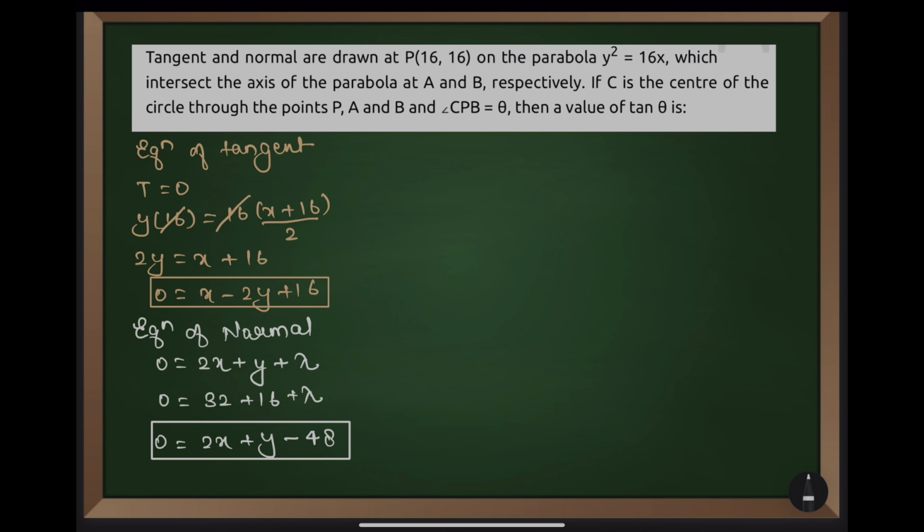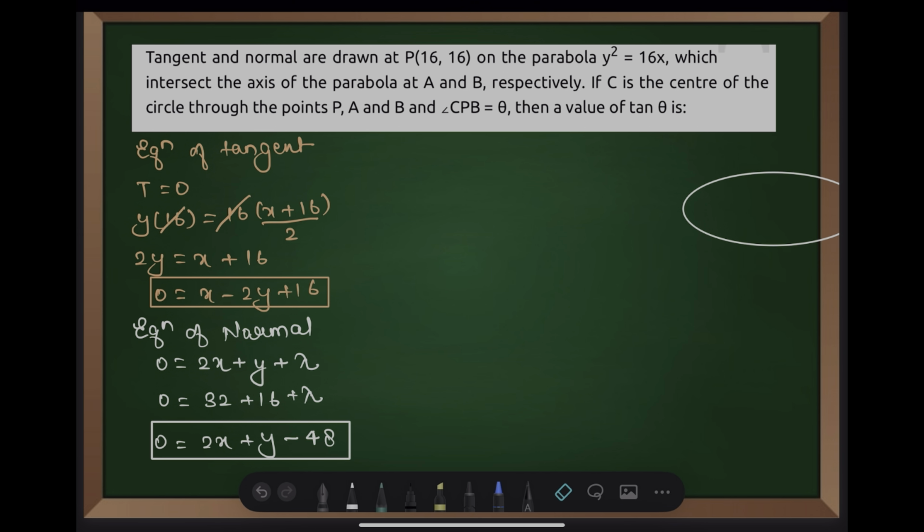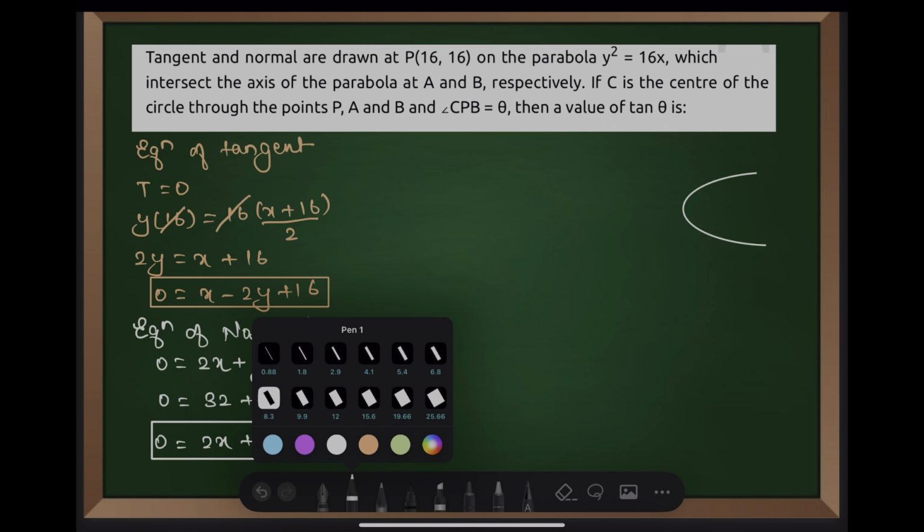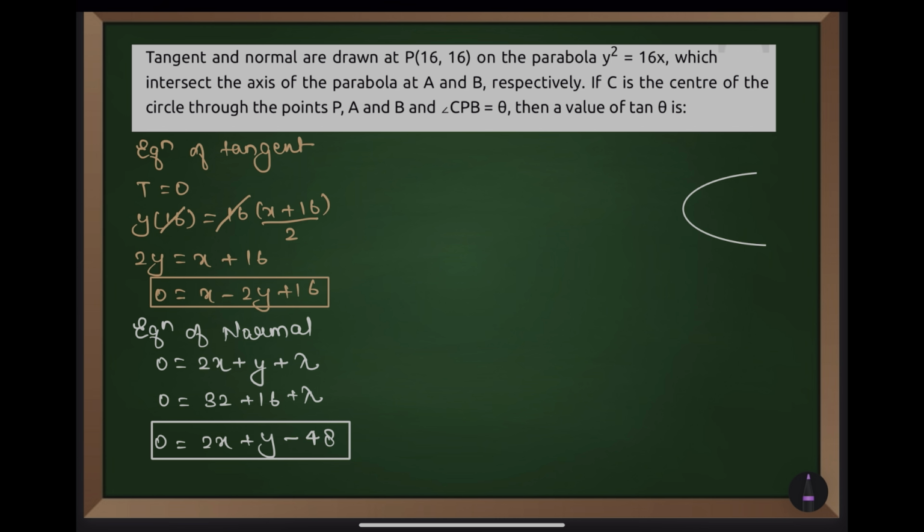Okay, now let's proceed. Which intersect the axis of the parabola. If you observe this parabola, it is a right side opening parabola, correct? I'll erase some part of it. Suppose we have a point over here, and you know that the axis of the parabola is this.